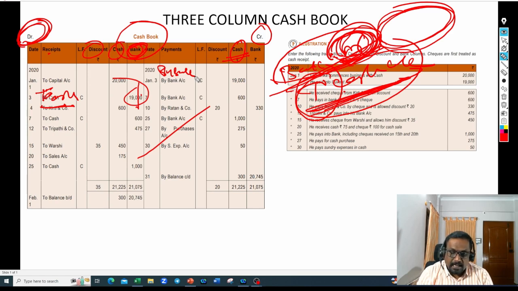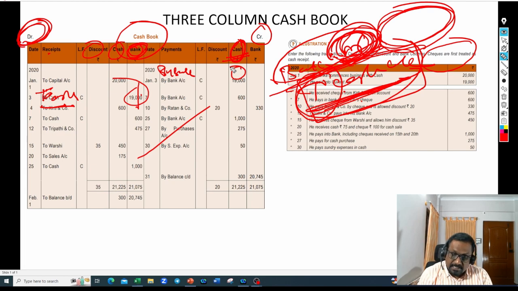And which column do I put it in? Since cash is credited, I have to write this amount in the cash column. What amount? The amount which is mentioned opposite to cash.